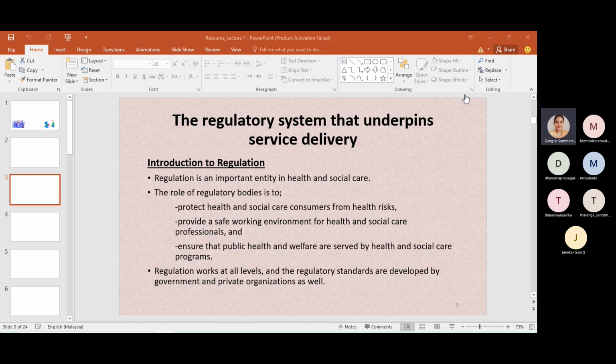But in today's lecture, we are not talking about that kind of regulations. We are talking about regulations done by regulatory bodies. Yes, what you said, regulation is a kind of guideline made by the government or by the parliament.